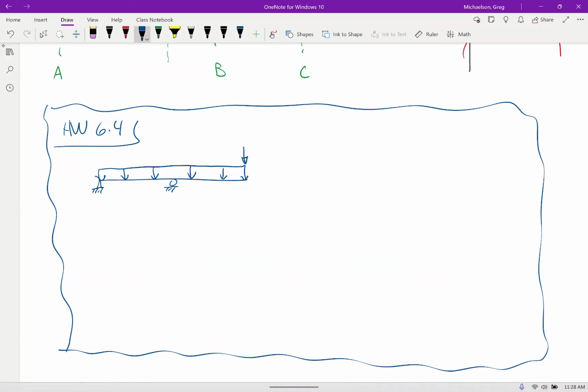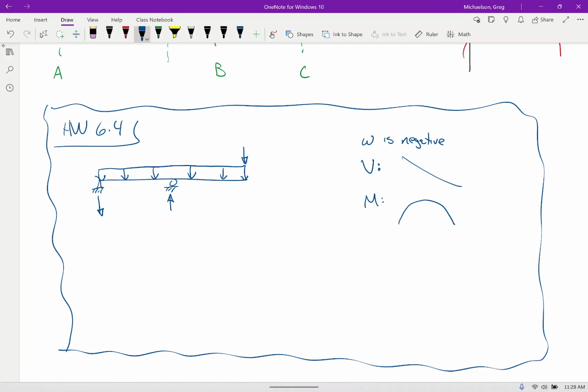First off, this reaction goes like that, that reaction goes like that. Let's just remember that W is negative everywhere along the beam. So shear needs to essentially go down like that. Granted, there's going to be some jumps where the reactions are, and the moment needs to do that.